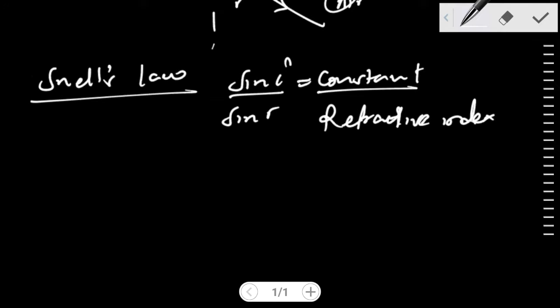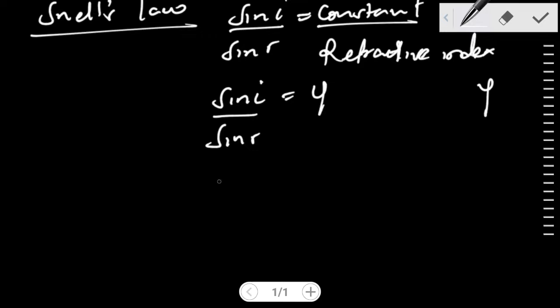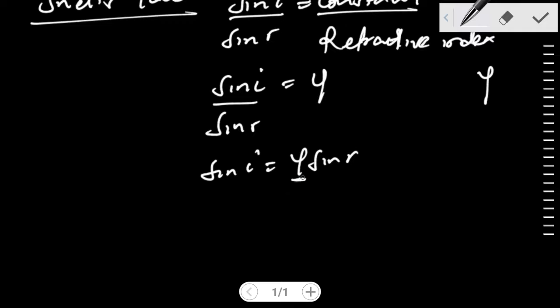From this, the refractive index is represented by mu. So sine of I over sine of R equals mu. Taking sine R to the other side, sine of I would equal mu sine of R, where mu is the refractive index of the medium.